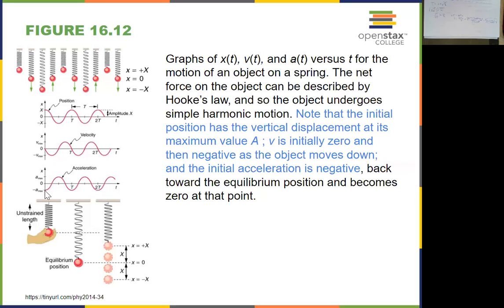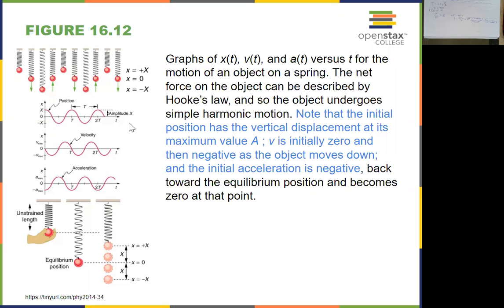So the acceleration starts at a maximum negative number and then increases. This is something like a cosine function, but negative. Compared to the cosine function for position, which starts at the maximum positive, the acceleration starts at maximum negative. So this is a negative cosine function.